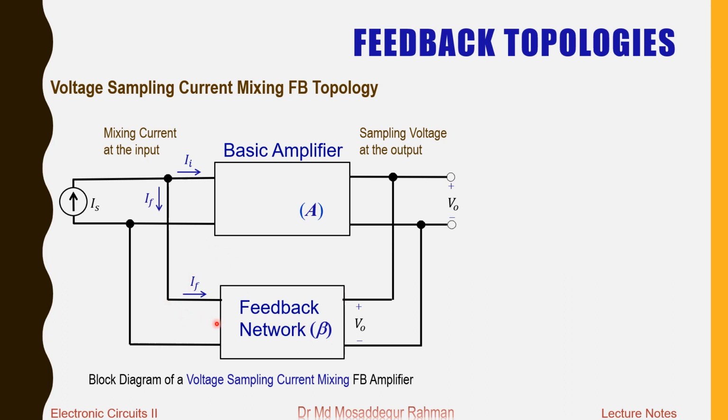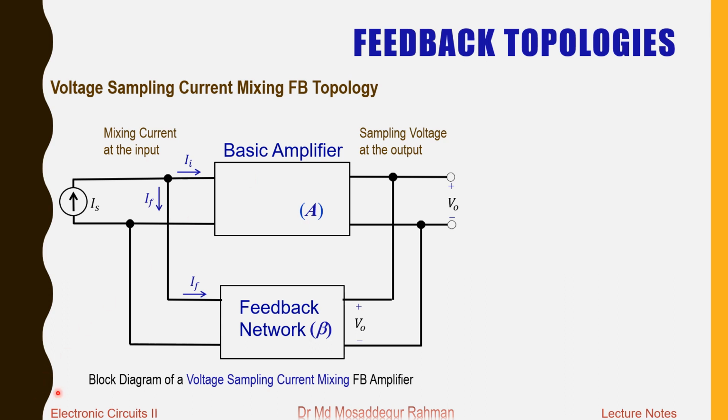The feedback network produces a proportional current IF, which is mixed with the source current IS. The direction of IF is such that it is subtracted from IS, and the difference goes into the basic amplifier, which then amplifies this current.